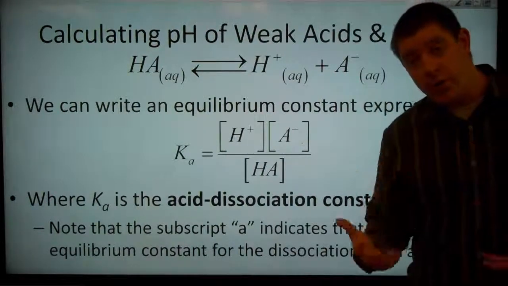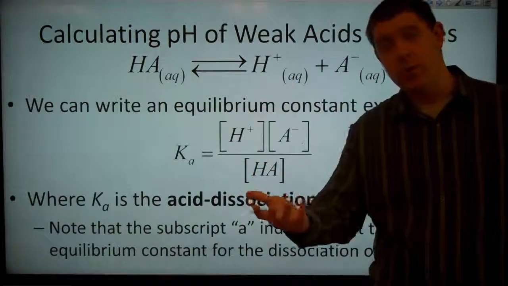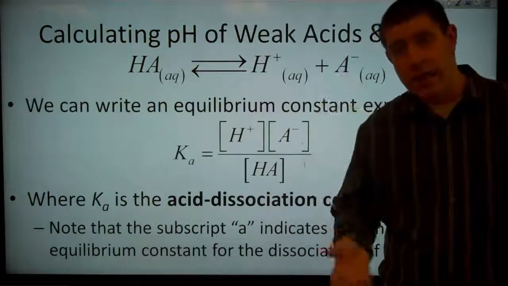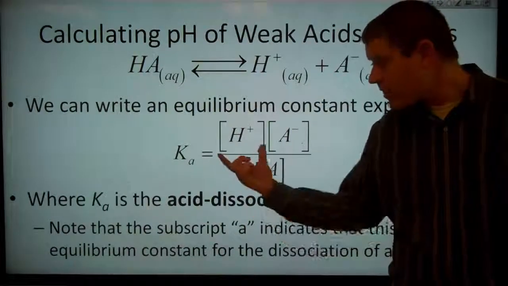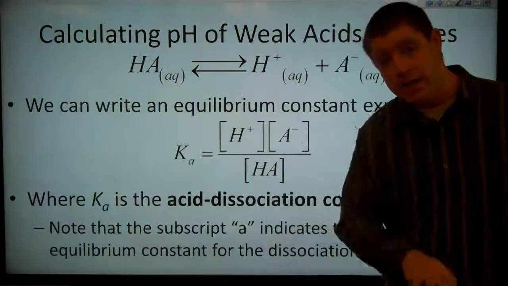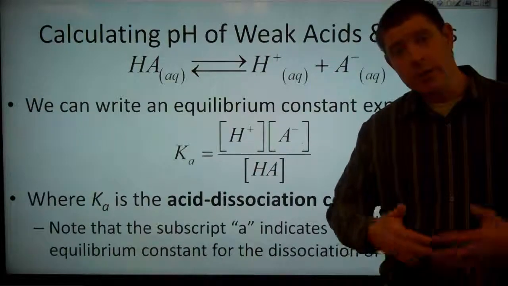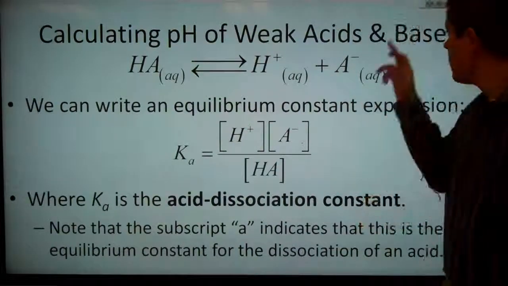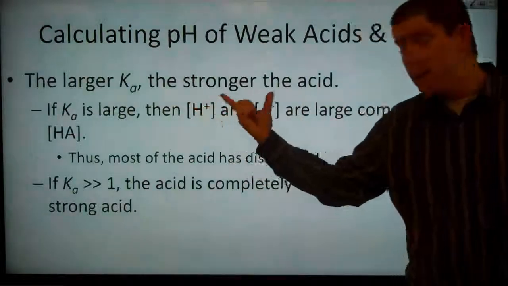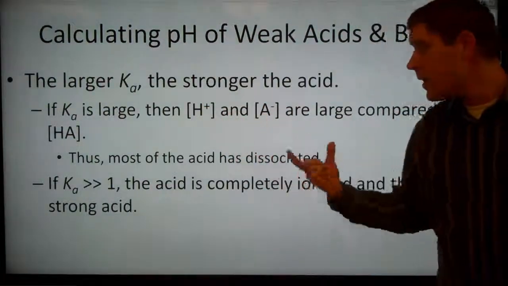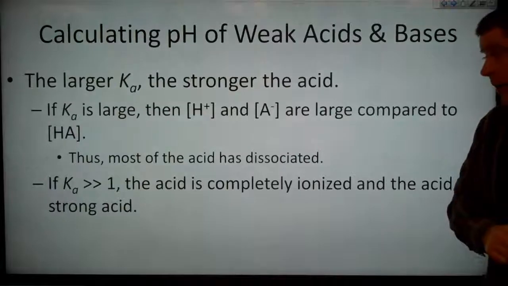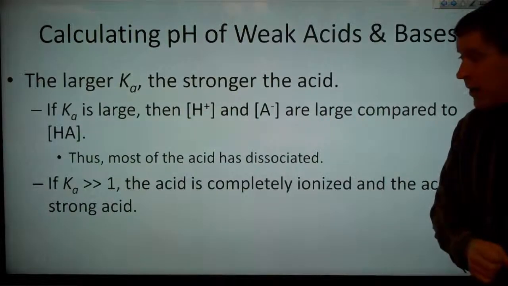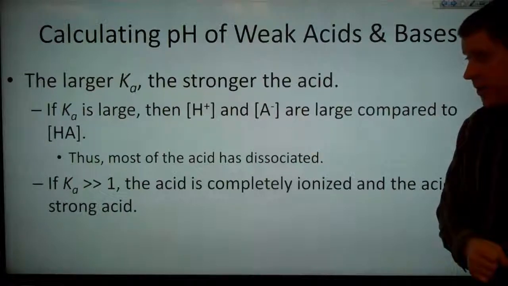For strong acids, Ka is greater than 1. It's something like 10 to the 4, 10 to the 5, 10 to the 8, something like that. For weak acids, Ka is less than 1. It's generally 10 to the minus 5, 10 to the minus 8, something like that. So again, if Ka is large, then our hydrogen ion and conjugate base concentrations are large compared to the HA, our undissociated acid concentration.